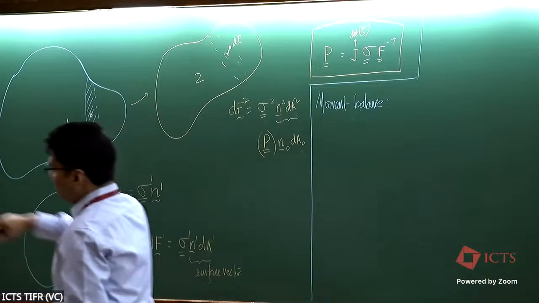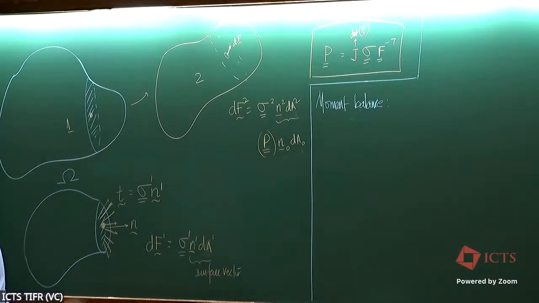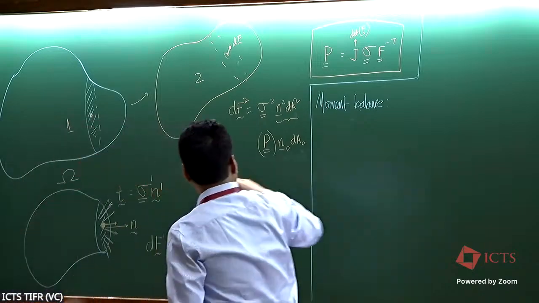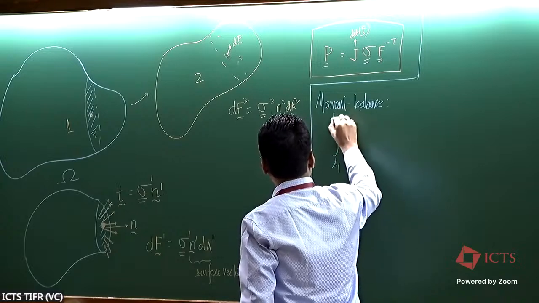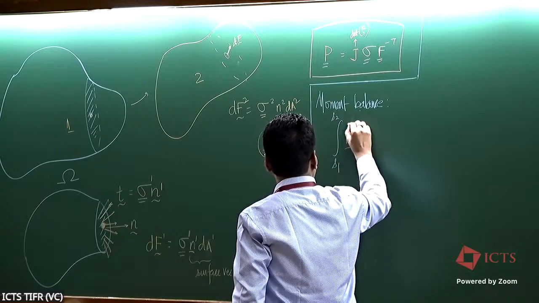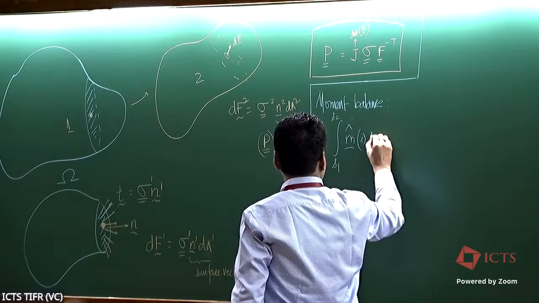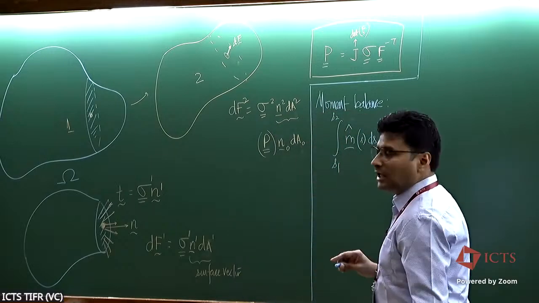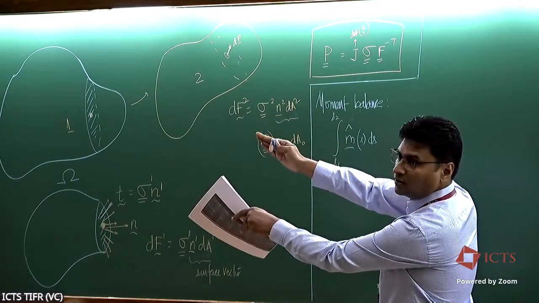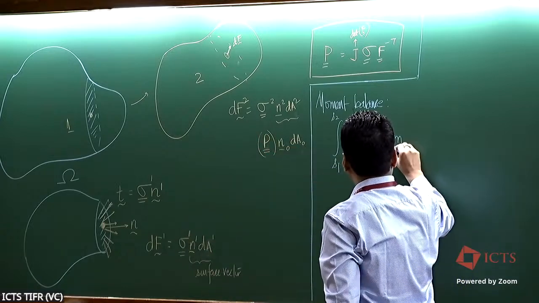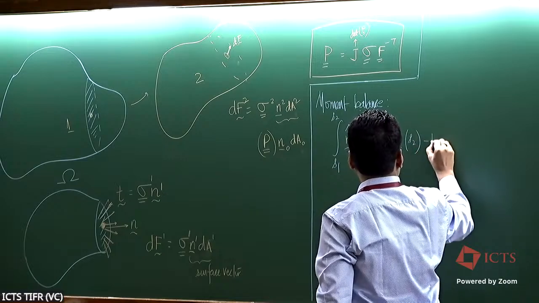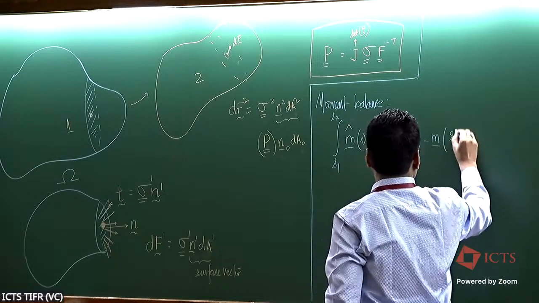So you have actually the moments also there, distributed moment. So the total external moment due to distributed moment is going to be the integration from S1 to S2 of m hat of S ds. Then you have those end moments acting on the end cross sections at S2 and S1. You get m of S2 minus m of S1.